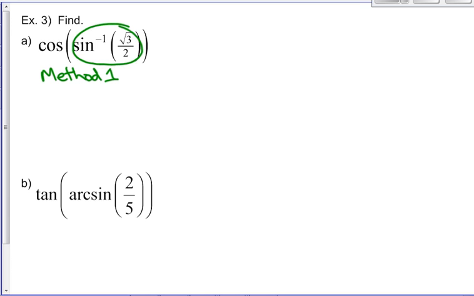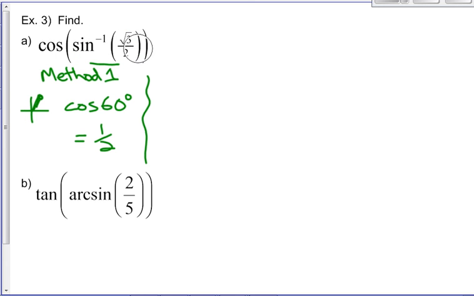This inverse sine of root 3 over 2, that's easy for us to figure out. That is the angle 60. So we're talking here about the cosine of 60 degrees, and we know that the cosine of 60 degrees is a half.